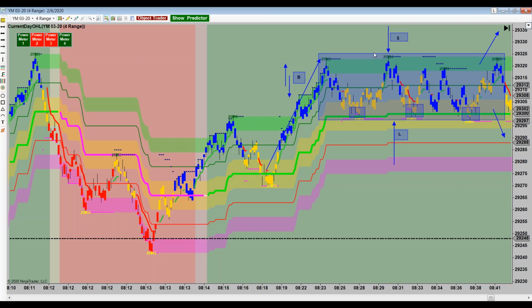Now, look, how many of you love or hate ranges? What kind of relationship do we have here tonight with ranges? You like ranges? You love them? You trade them? You make a ton of money? You scalp in there? You're in, you're out, you're in, you're out. 5, 10, 15, 20 ticks over and over and over, load it up. I love me some ranges. I make a lot of money trading ranges.